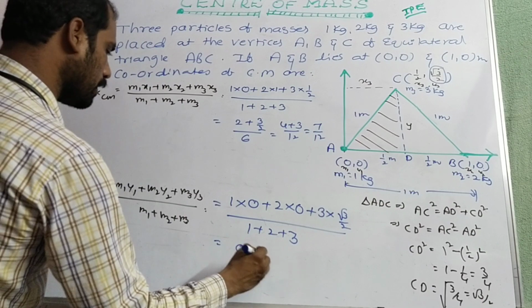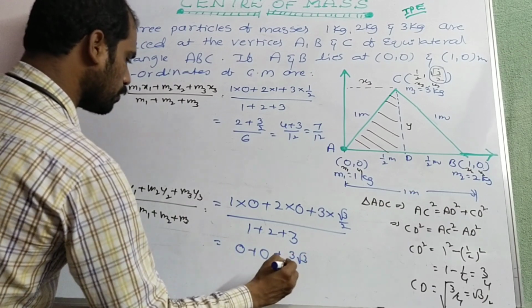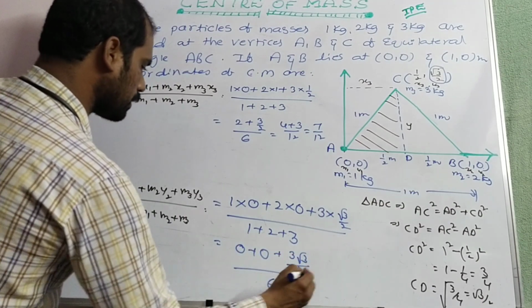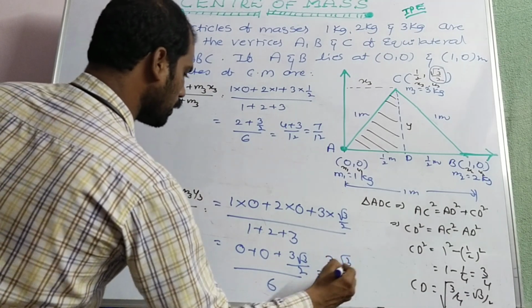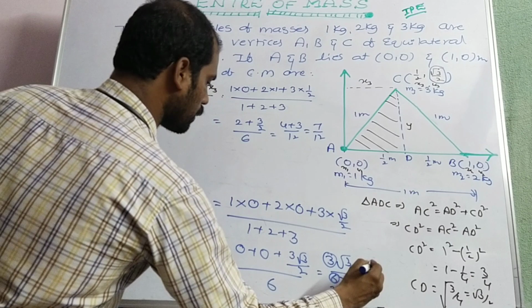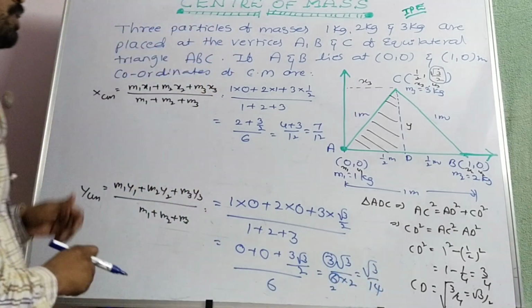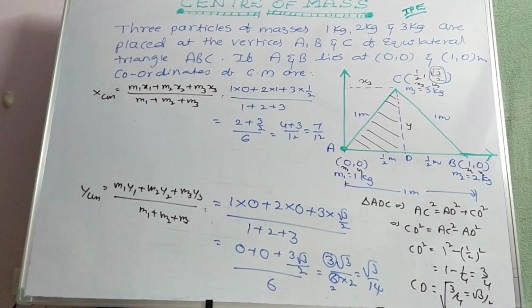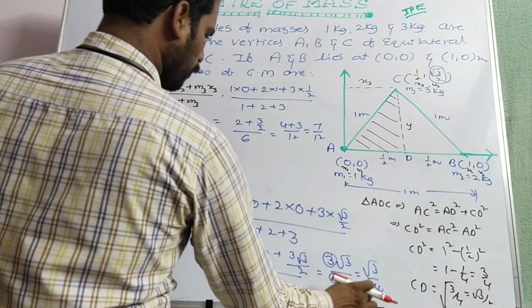That is equal to 0 plus 3 root 3 by 2 by 6, that is 3 root 3 by 6 into 2. 3 ones are 3, 3 twos are 6. That is root 3 by 4, since 2 twos are 4.